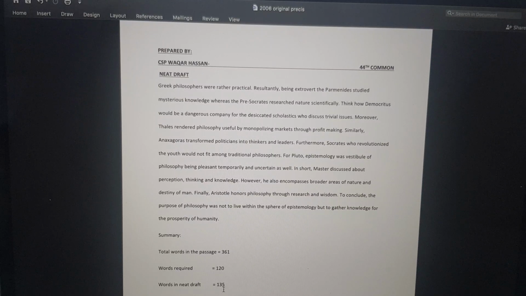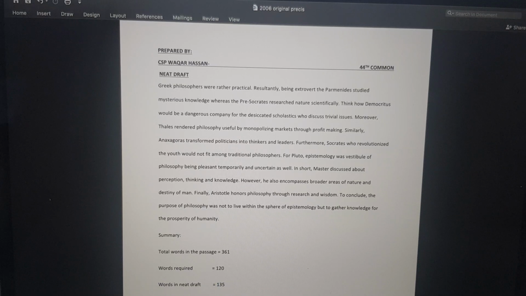And also count the words in the neat draft, and mention the words in the neat draft here. You can add 10 to 15 words extra. As you can see, the required limit is 120, but the words are 135. That is very much okay, no issue.